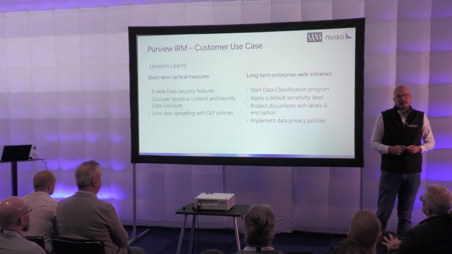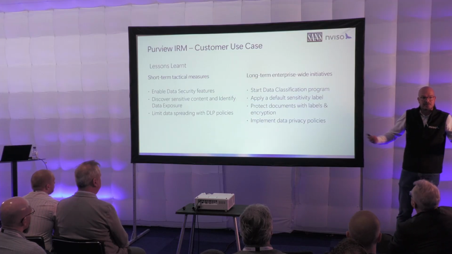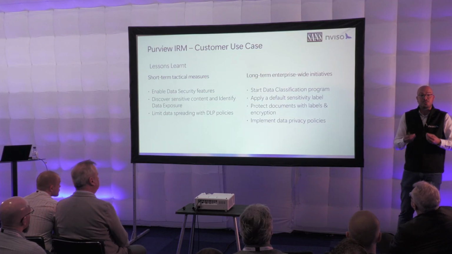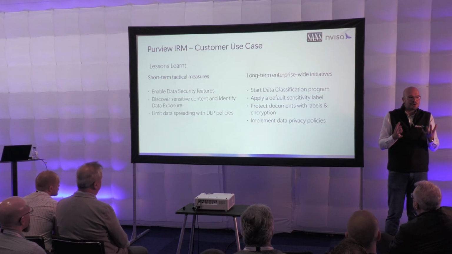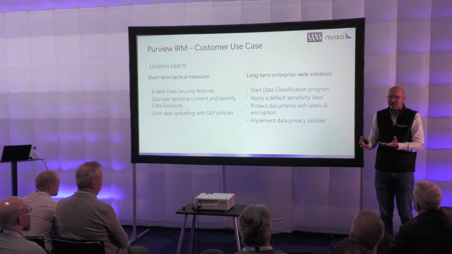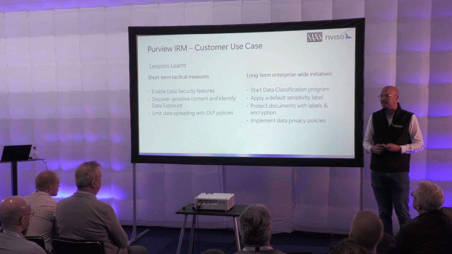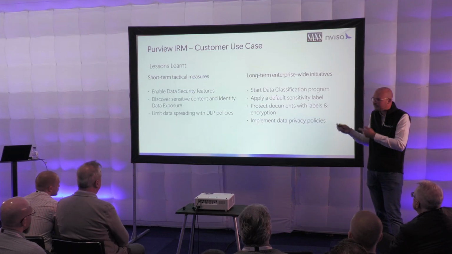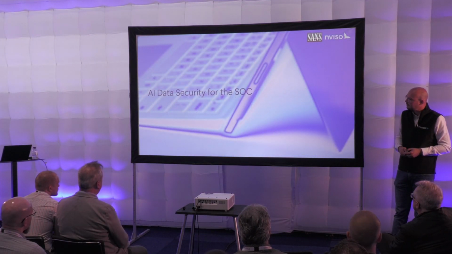And then after that, we can always go into more longer-term enterprise-wide initiatives, seeing how we label data and how we can go further. But that's really the point here. It's about how we make data security agile again, not a project that takes years and years to investigate and start, so that no one really wants to start a project with this. It actually works much, much better.